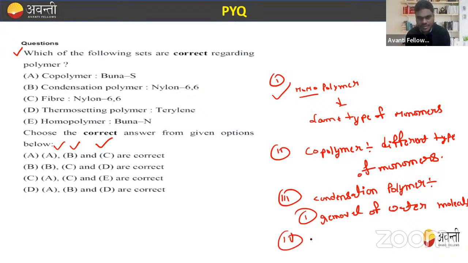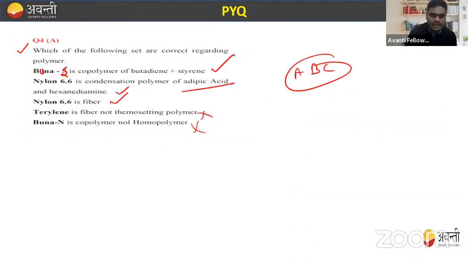And on the same basis, in addition polymer, there is no removal of water molecule. So please try to learn all four, because questions may come and they ask which belongs to the homopolymer, copolymer, or anything.